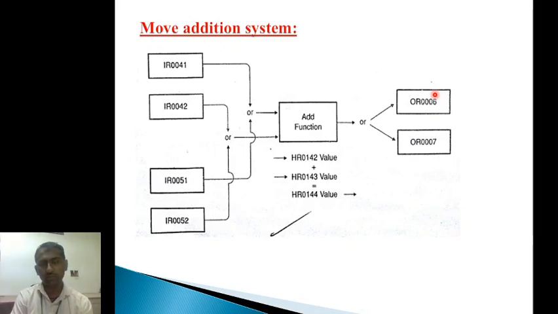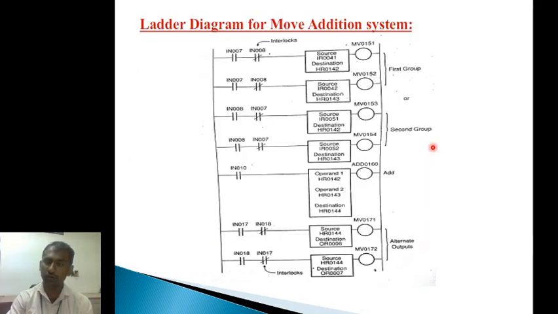Similarly, the data in the IR0042 and the data in the IR0052 will be added, and the result will be stored in the OR007. That means first we have to transfer the data, then we can add the data, and the result will be stored in another register.